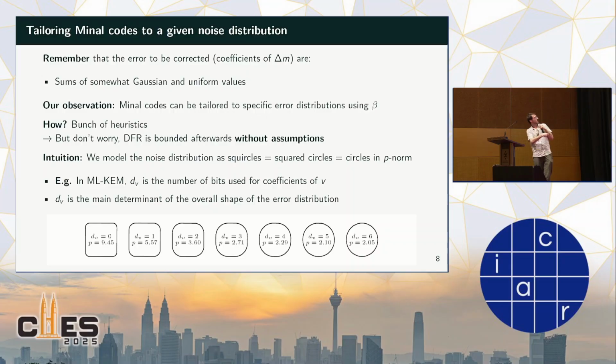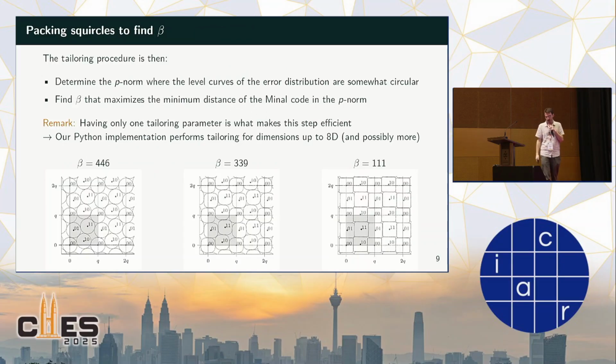If you drop many bits of V, you get a very square distribution, like these are the curved lines of the distribution. And if you use a high value of dV, then it's pretty much circular, like the Gaussian part dominates.